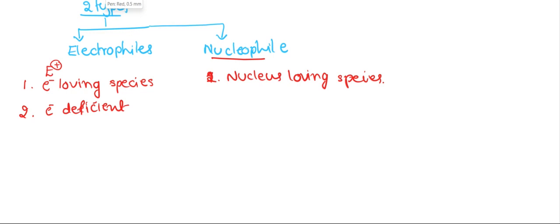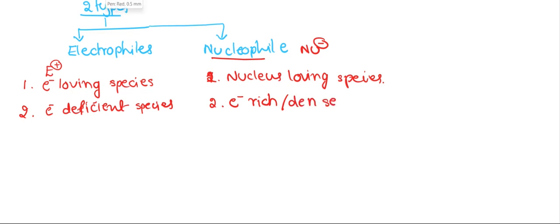Whereas a nucleophile is generally represented with Nu minus, and this is E plus. A nucleophile is an electron-rich or electron-dense species.